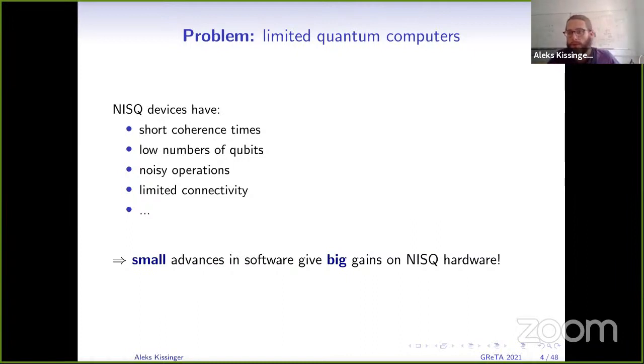This is a big problem for actually running algorithms on these things. But it's a nice time to be working in this area of compilation, because if you make little improvements in how you're compiling these algorithms, all of a sudden your quantum computer is twice as powerful or something. So you can get really big gains from doing this.